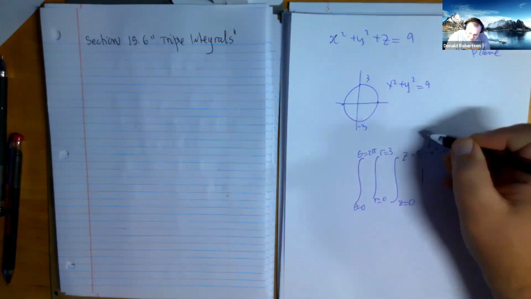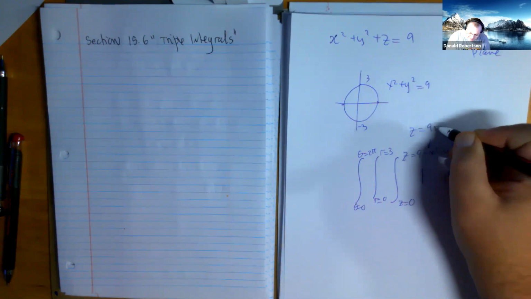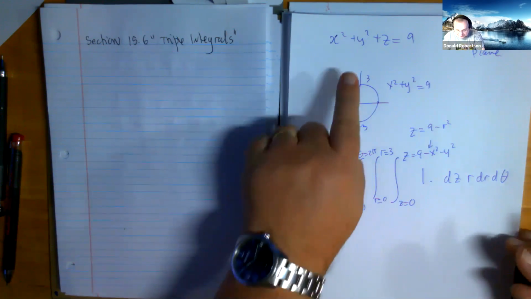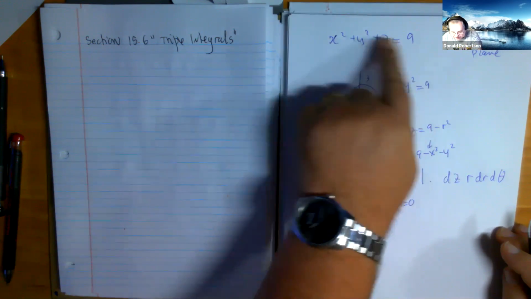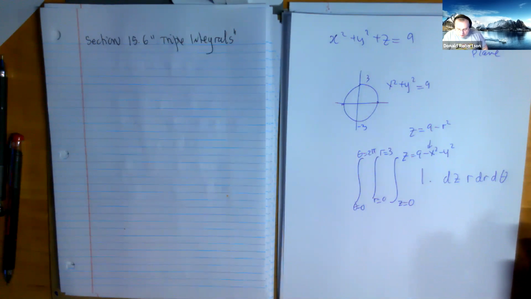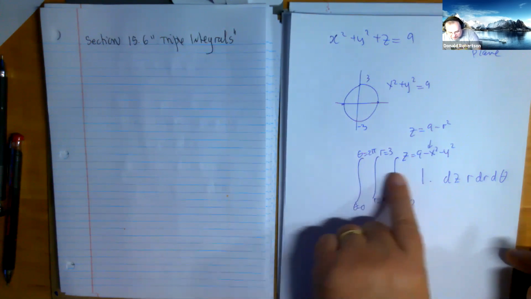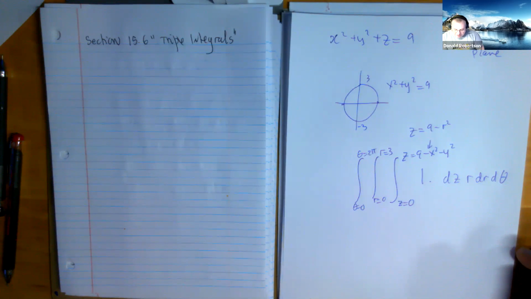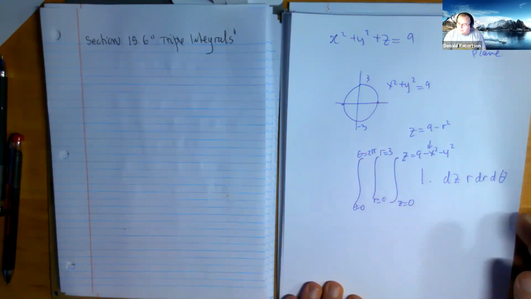So shouldn't that guy actually be 9 take away r squared? So what we've done is we'll find the volume of this shape as it lies above the xy plane. But the triple integral ends up being not in terms of x, y, and z anymore, but r, theta, and z. And that's allowed.